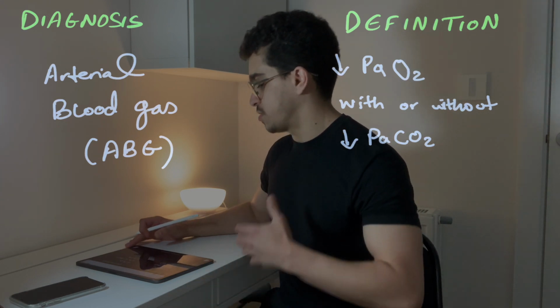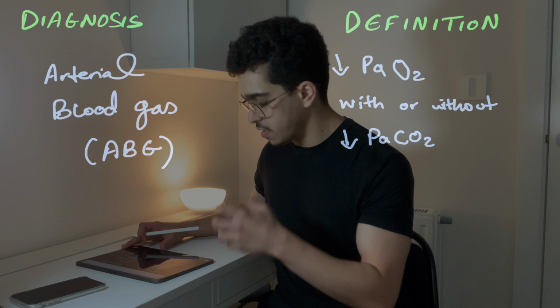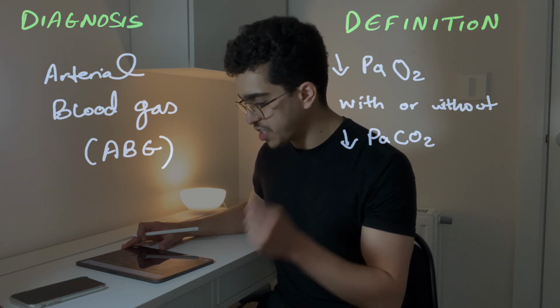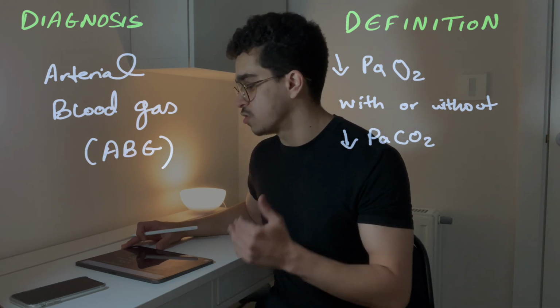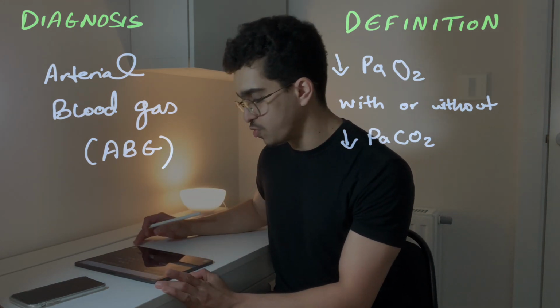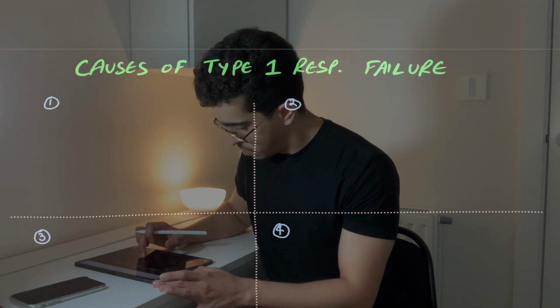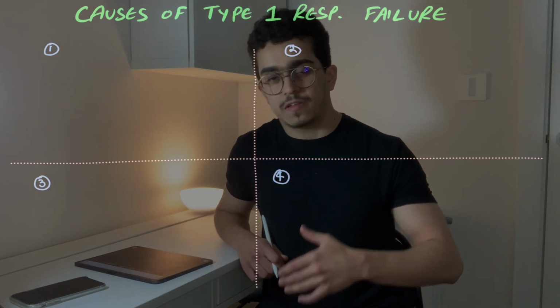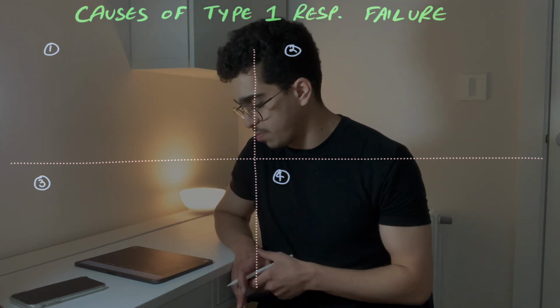In other words, they're going to have hypoxia with or without hypocapnia: a low PaO2 with or without a low PaCO2. So now we know that in type 1 respiratory failure, there's hypoxia with or without hypocapnia.